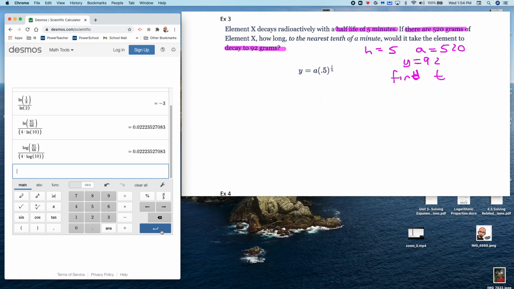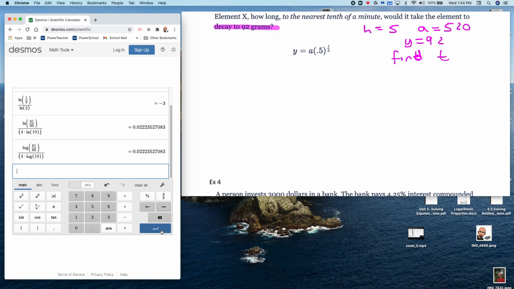t. So let's write what I got out here. In this problem, I have 92 is equal to 520 times 0.5 to the t divided by 5, because that's the half-life.